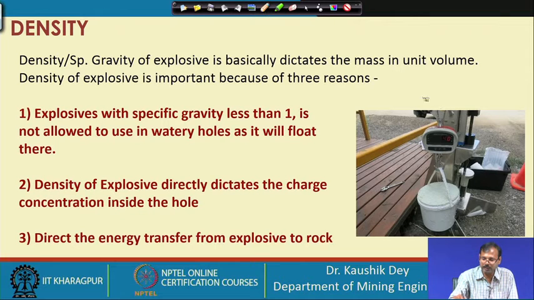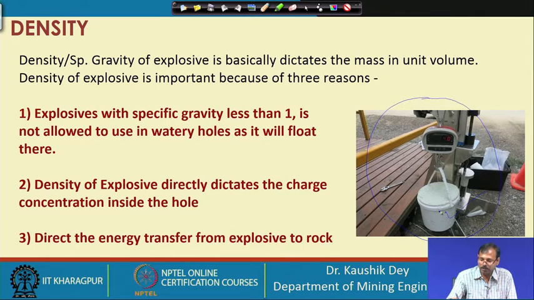You can see in this picture, this is a common method of measuring the explosive specific gravity or density. So, this is the container. We fill the container full of explosive, then we find the weight of the container on a weighing machine.